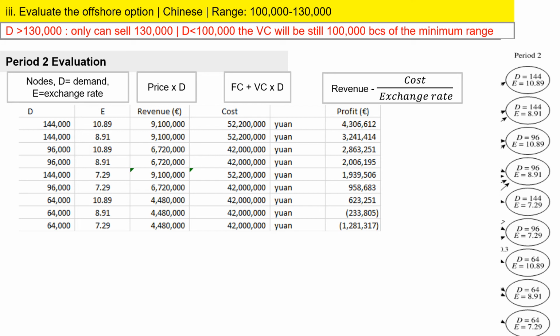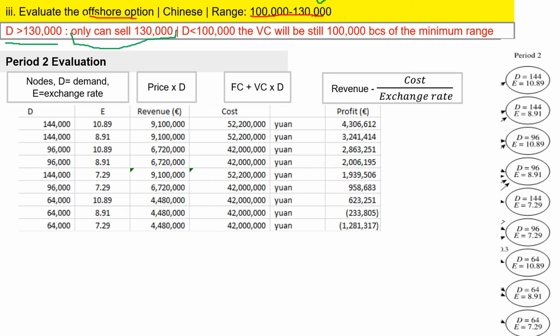And then the next step is we evaluate the offshore option, that is from China, with the production range from 100,000 units to 130,000 units. And in this plan, there is a condition where if the demand increases above 130,000 units, they can only sell 130,000 because that is the maximum range of production from the Chinese plant.